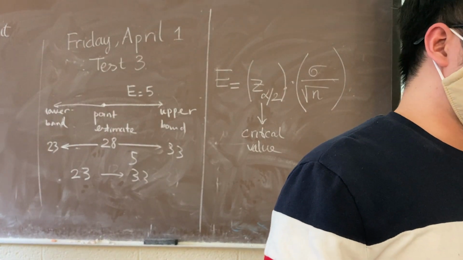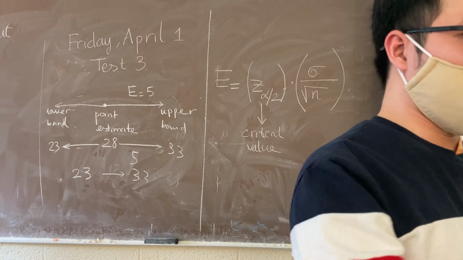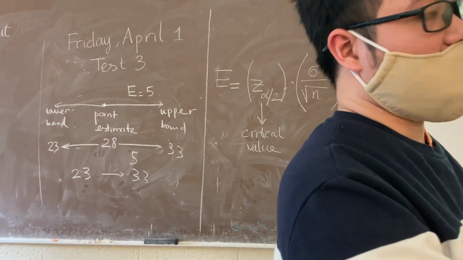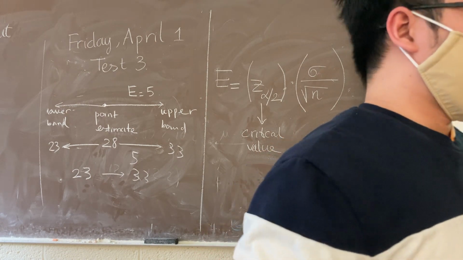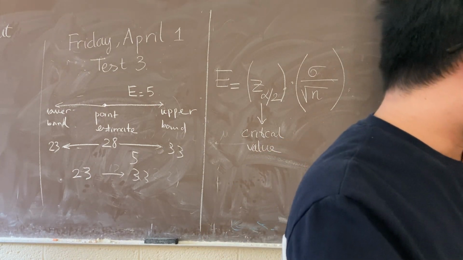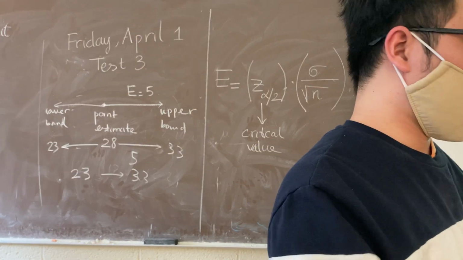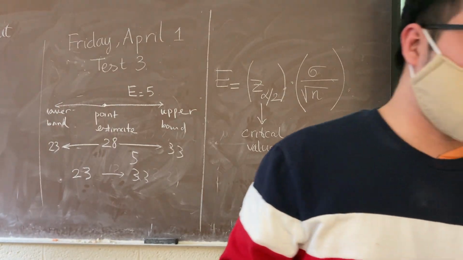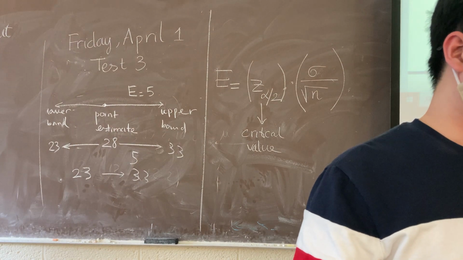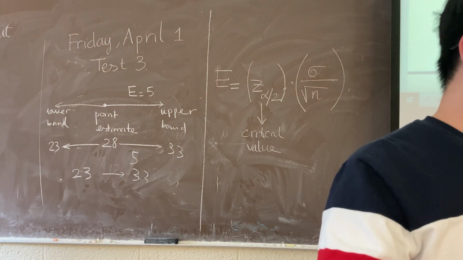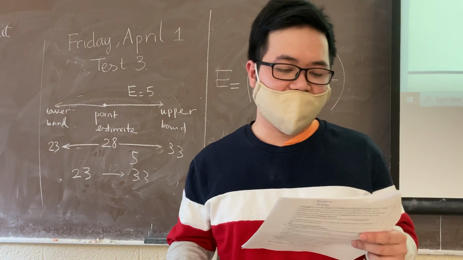You will look at Table 8.1. I also give you Table 8.1 here, so it will help you to find z alpha over 2. Table 8.1 gives the critical z values for confidence intervals. If you know the level of confidence, you will know the z value.